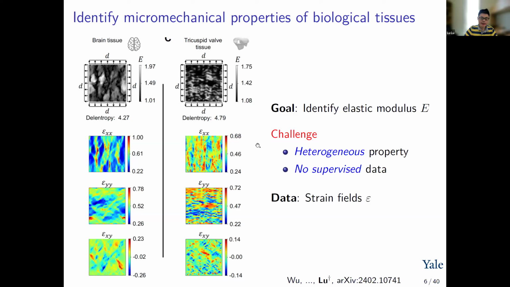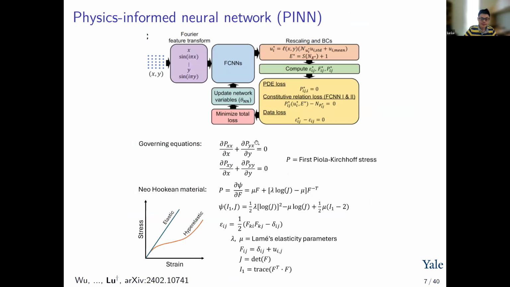So we cannot train a network in the standard data-driven way. Then we apply PINNs to this problem. It's quite similar to what we discussed earlier for the diffusion equation. But here the difference is that the problem setting is more complicated and we have more equations. So here I'll show you all the equations we will embed into the network for training.